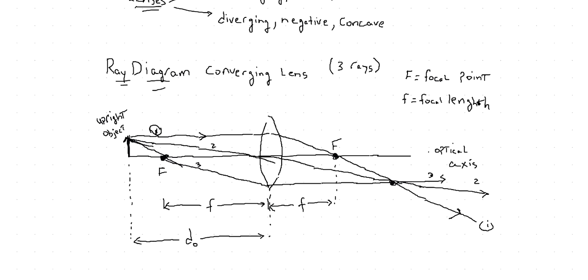The O stands for object, so d sub O is the object distance, the distance of the object, in this case our upright object, to the lens.